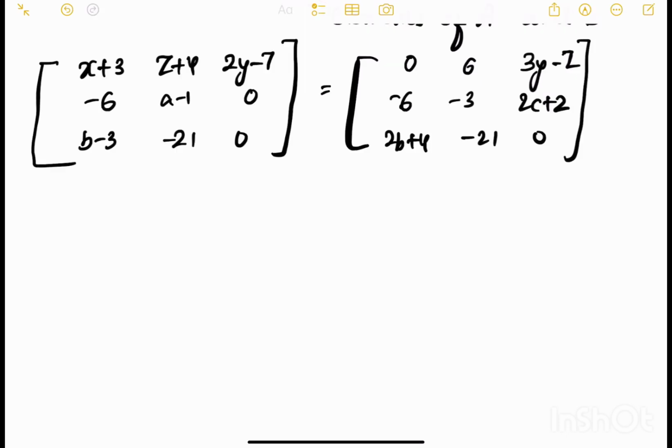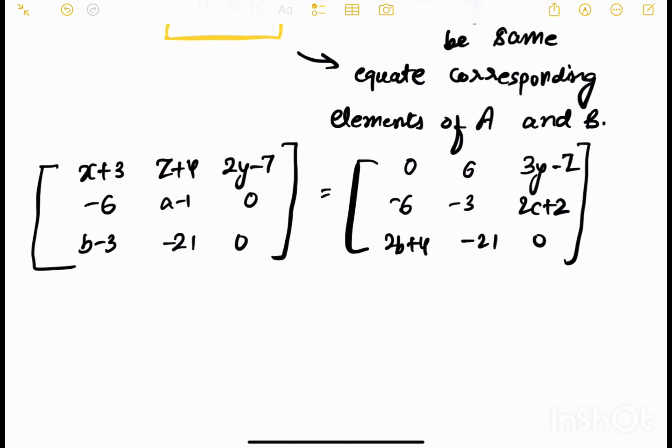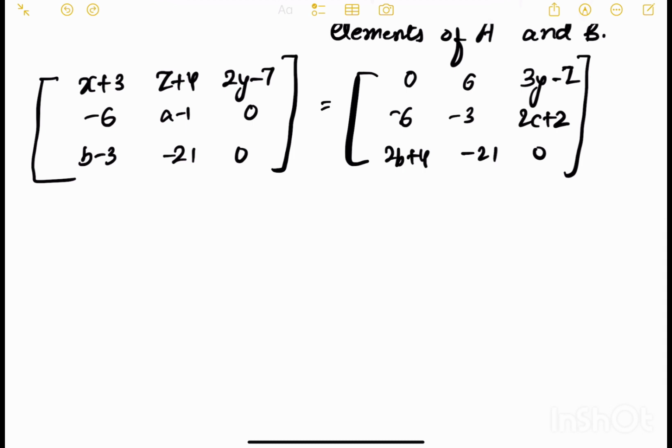So this was our question. What do we mean by equating the corresponding elements of the two matrices? I will highlight it with a different color so that it is understood that this element will be equal to 0. First of all, is the order of the matrices the same? We have three rows and three columns, 3 cross 3, and the same in the second matrix.